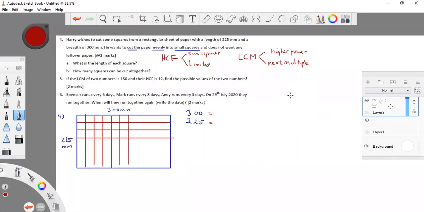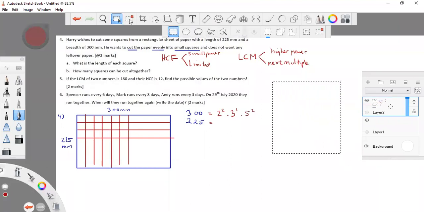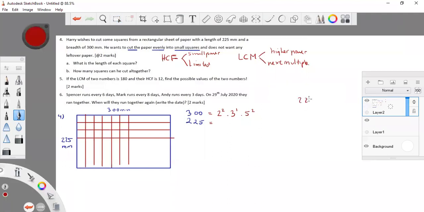Number 4, we go straight into 300. 3 and 100, 10 and 10, 2, 5, 2, 5. So 2 square, 3 power 1, and 5 power 2. And 2 to 5, we made that earlier, I think. 5 and 45, 5 and 9, 3 and 3. 3 square times 5 square. And if there is no 2, the power of 2 is 0.